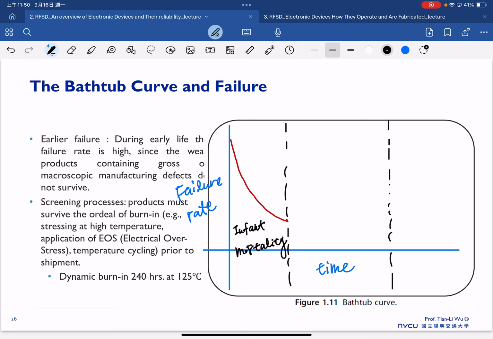And after a certain moment, once a life or product has passed this infant mortality, the next phase will be the useful life. Just like us at this moment.